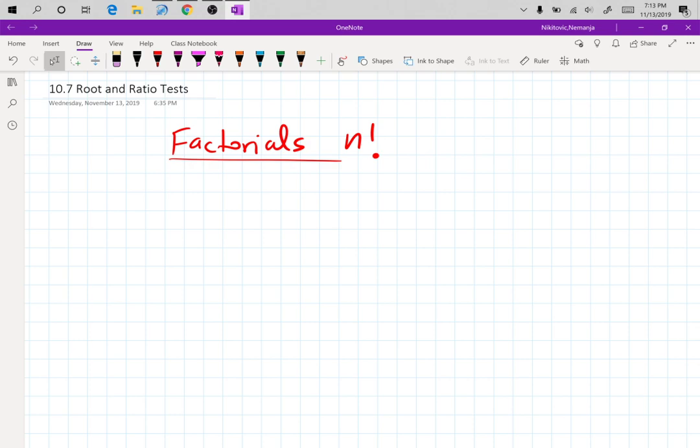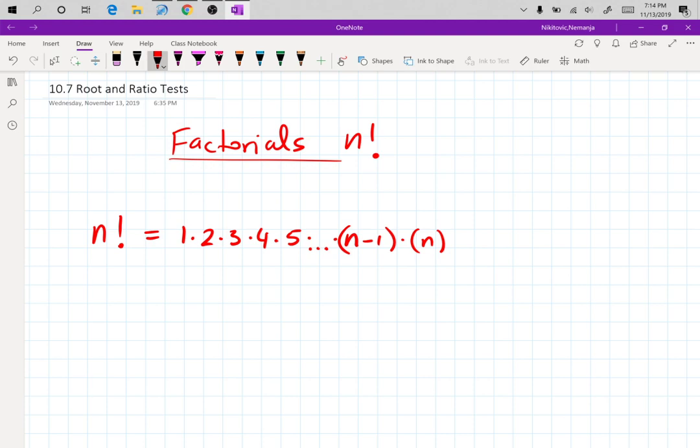Factorials are, well, here's the definition. n factorial is 1 times 2 times 3, so you multiply all of the integers all the way up to n. So you keep multiplying.